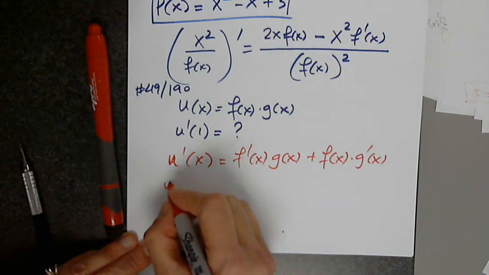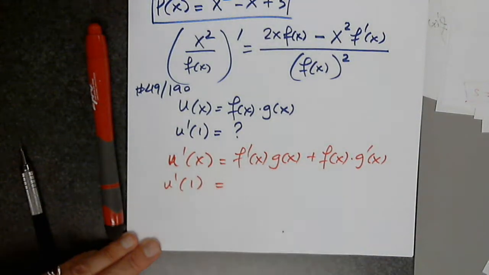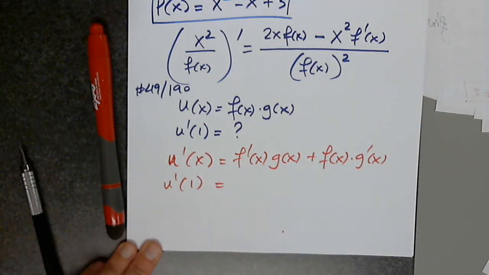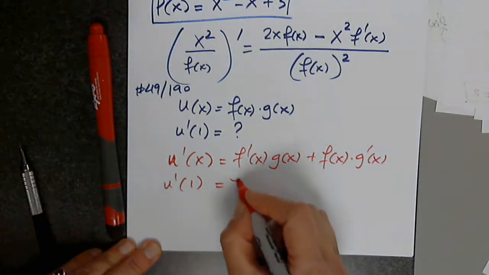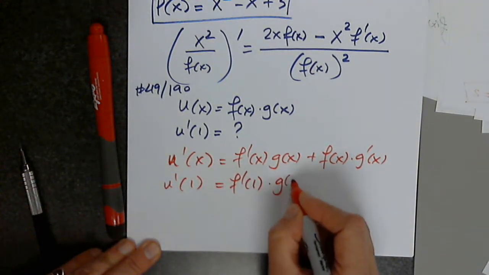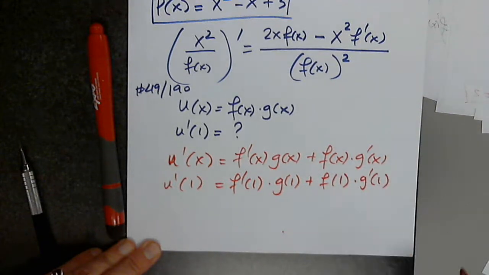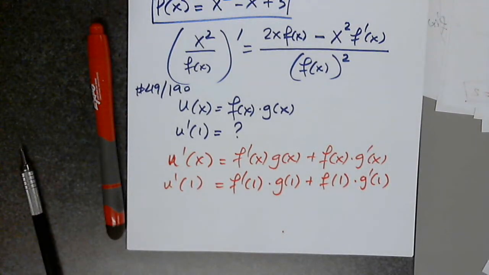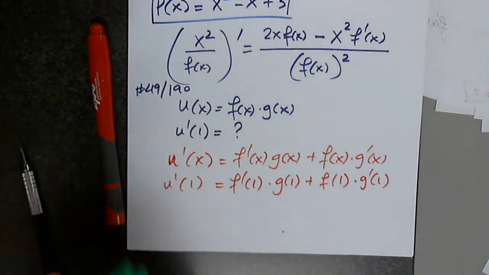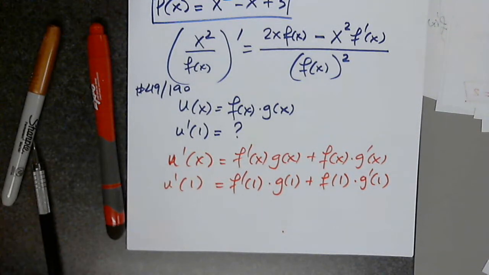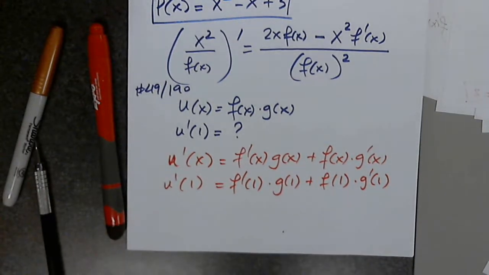Perfect. So now u prime of 1. Can anyone dictate u prime of 1? Very good. Of course, I replace now. I have the function. I replace x all the way with 1. Perfect. So now I need to identify all those numbers.